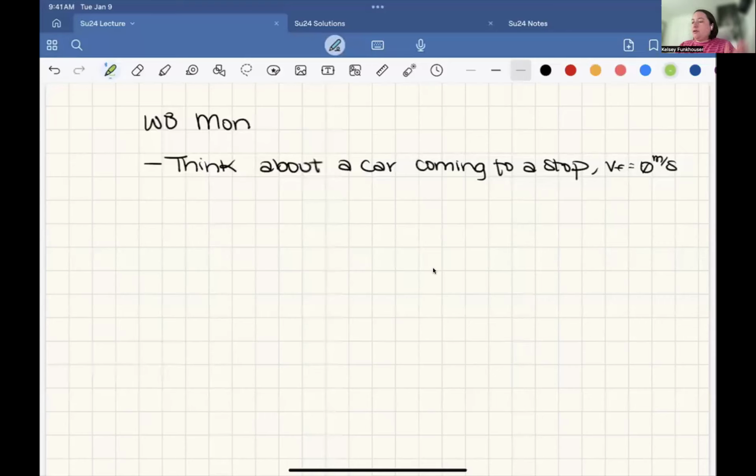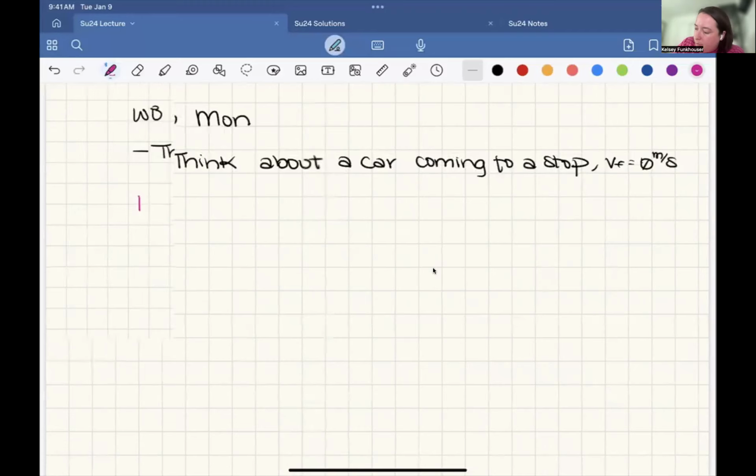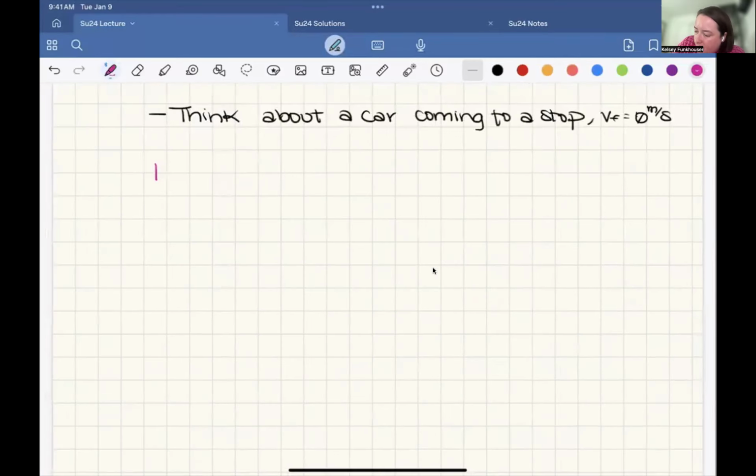So just in general, think about a car coming to a stop, which means the final velocity is 0. And you can kind of think about what that means for both the passengers and the car itself. The initial momentum is not 0 because it started with some velocity, but the final is.